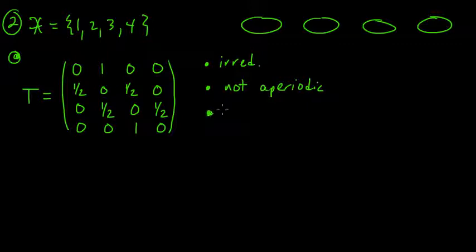And roughly the reason why is because say you start out at state 1, then at odd times, you're always going to be in state 2 or 4. And at even times, you're always going to be in state 1 or 3. And that results in failure of the aperiodicity property.